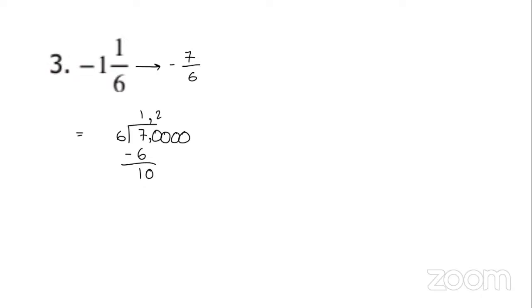Write the comma once. 1 times 6 is 6. Subtract it, you get 4. Bring the 0 down. 6 goes into 40 6 times. 6 times 6 is 36.